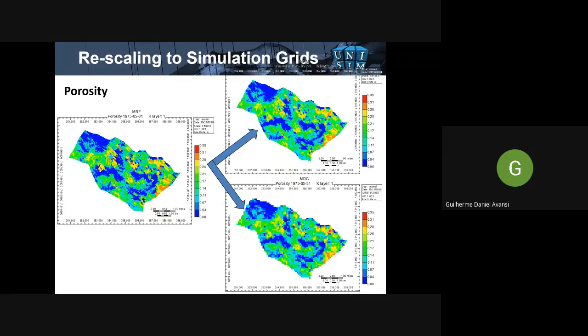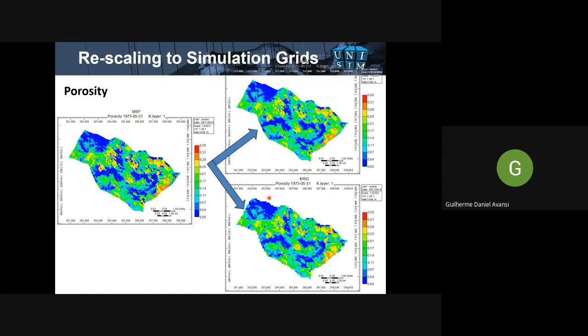And here are the different grid cell resolutions. As we can compare, this is the high grid cell resolution, this is the middle, intermediate one, and this is the low grid cell resolution. You can see the information follows the same pattern, but we are missing some patterns when we talk about these upscaling techniques.